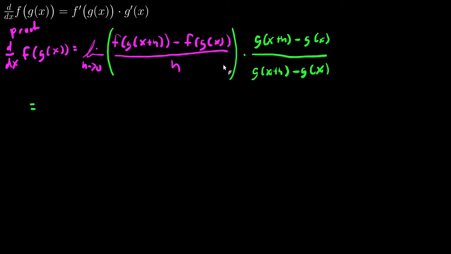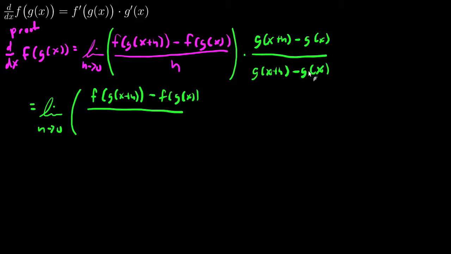All right, if I sort of reorder this stuff, so limit as h approaches 0, and I will have f of g of x plus h minus f of g of x all over this part, g of x plus h minus g of x, times this numerator here, g of x plus h minus g of x all over h.